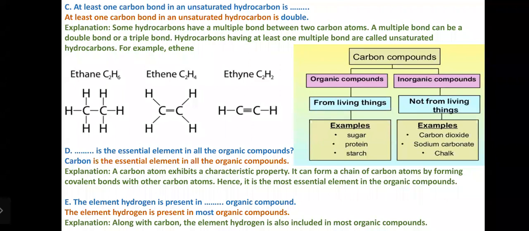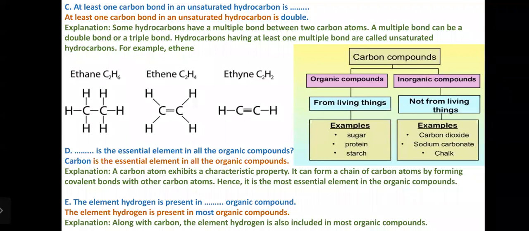So the answer is: at least one carbon bond in an unsaturated hydrocarbon is double. At least double; it may be triple also. The explanation: some hydrocarbons have a multiple bond between two carbon atoms. A multiple bond can be a double bond or triple bond. Hydrocarbons having at least one multiple bond are called unsaturated hydrocarbons.